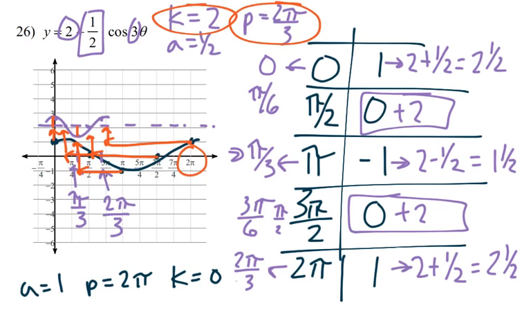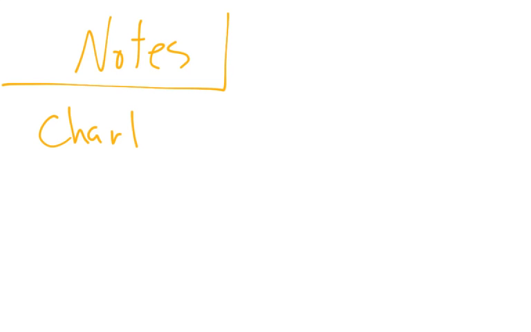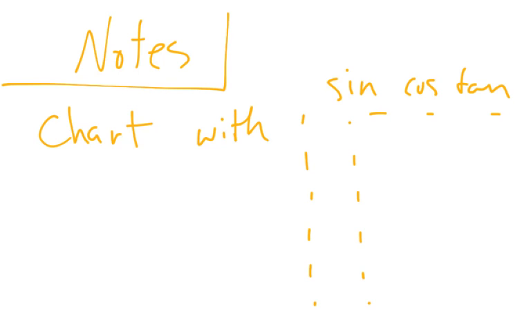So there we go. So it's pretty important that on your notes, here's a suggestion for your notes. Okay, you need that chart with the sine, cosine, and tangent, with all the degrees and all the radians, and it tells us what each one is. Okay, you'll need that. You need the law of sines and cosines.